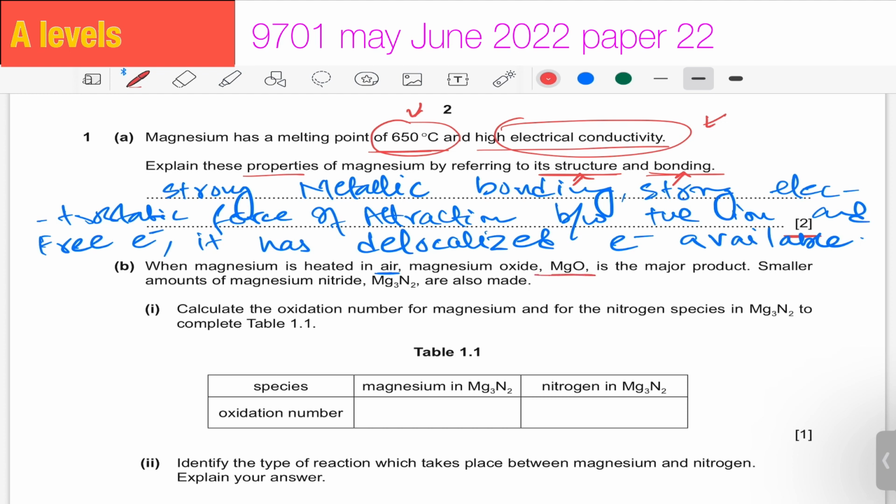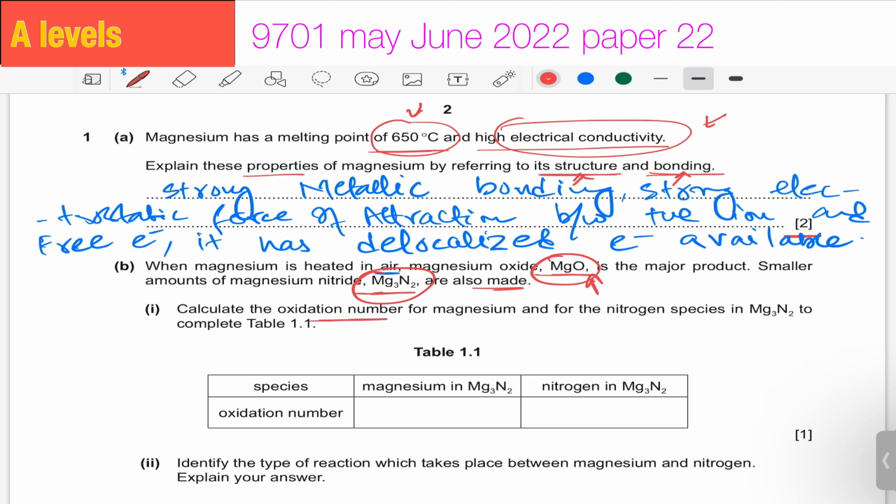So when magnesium is heated in air, it reacts with the oxygen present in air and we get magnesium oxide. Smaller amounts of magnesium nitride, Mg3N2, are also made. So the major product is magnesium oxide, but a small amount of magnesium nitride would also be produced when magnesium is heated in air.